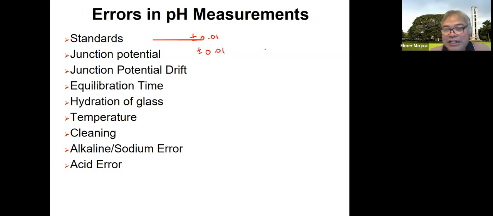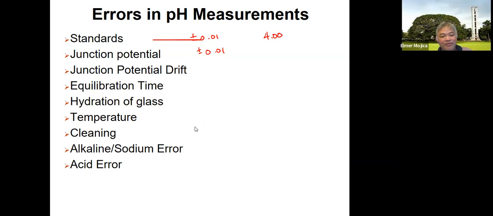Because how many decimal places does your pH meter usually have? Usually around 2 decimal places. I have not experienced 3. I think those are the common pH meters, with 2 readings. So if you have a standard error or junction potential error, the difference is around 0.01.